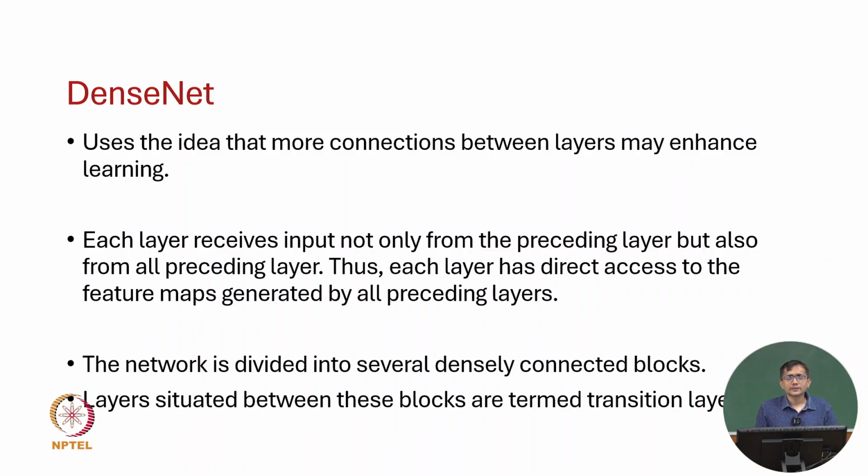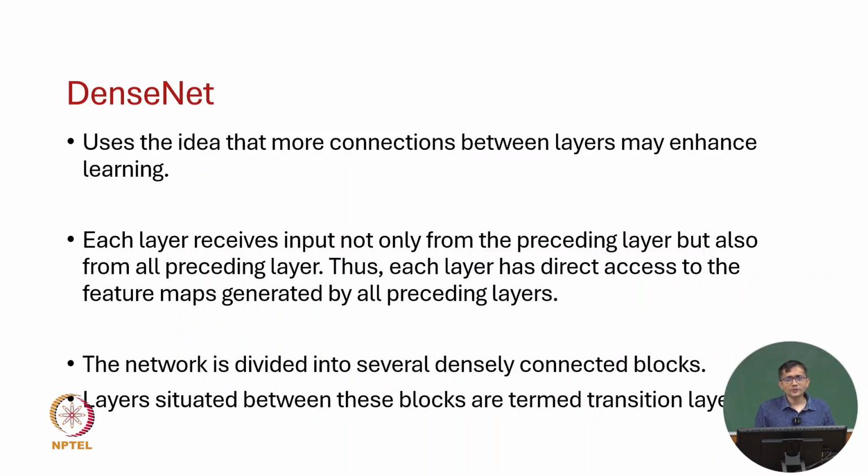So what happens here is that each layer receives input not only from the preceding layer but also from all preceding layers. Thus each layer has direct access to the feature maps generated by all preceding layers. This principle that each layer is receiving input from all preceding layers will be done in blocks.